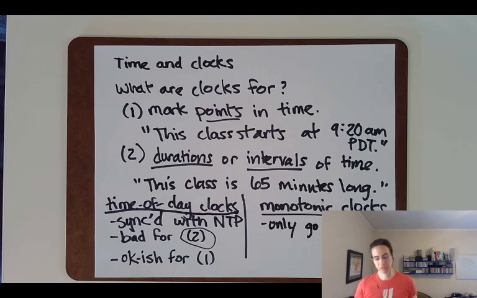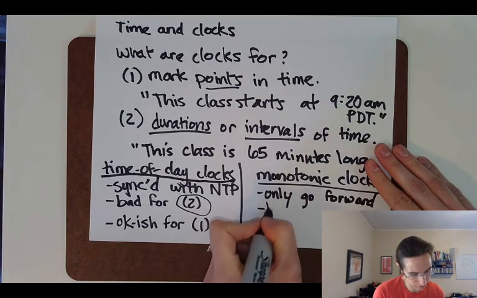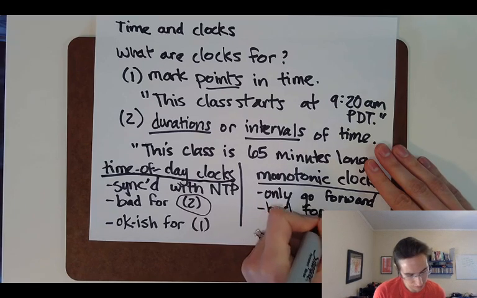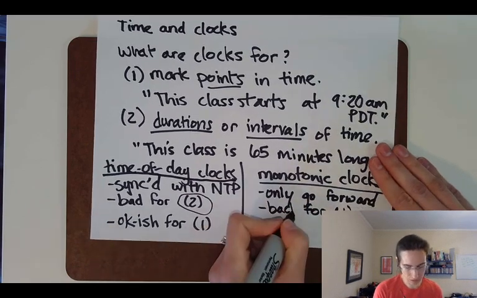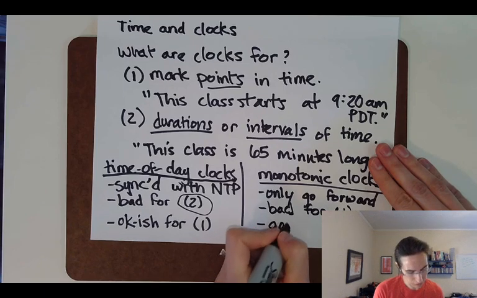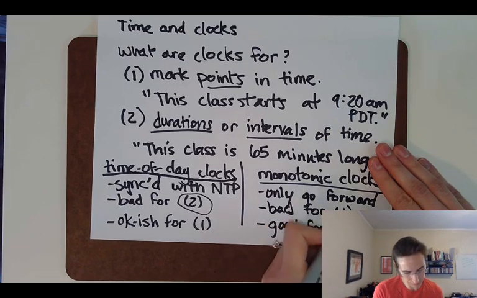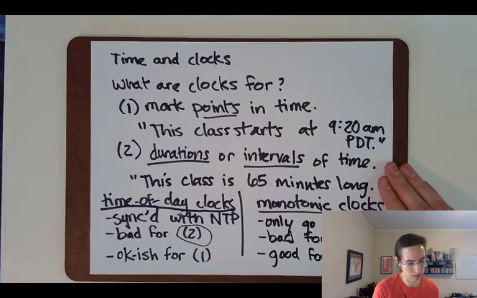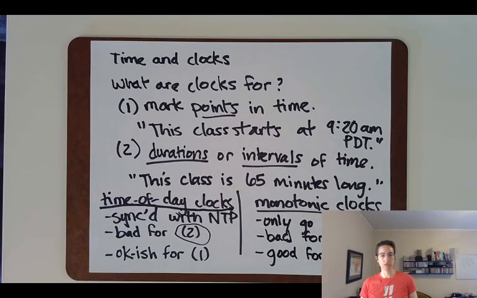So it doesn't help you at all in terms of marking particular points in time. It's completely useless for timestamping particular points. So it's bad for purpose 1, but it's good for purpose 2, because if what you need to do is time out after a certain number of milliseconds, then it'll work great.